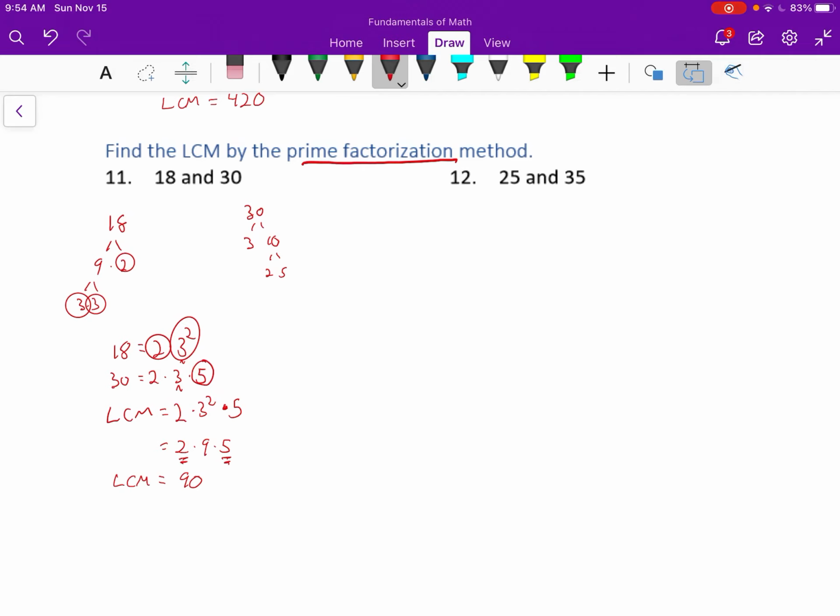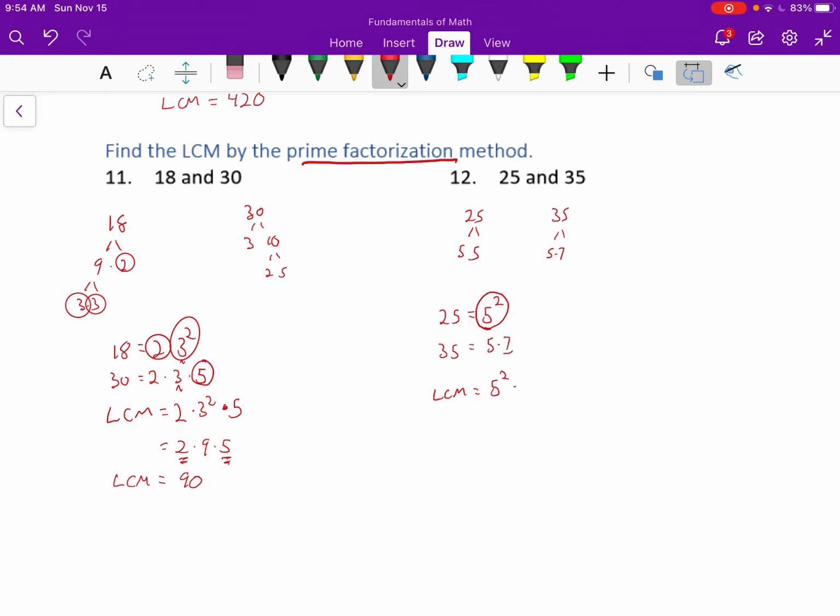And over here, 25 and 35, 25 is just 5 times 5. So these you might not have needed a factor tree, which is fine. And 35 is just 5 times 7. And so for our least common multiple, out of the 5 and 5 squared, we want the higher exponent, which is a 2, so we have 5 squared.